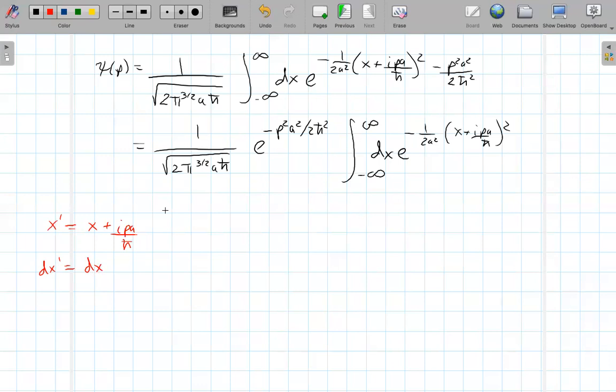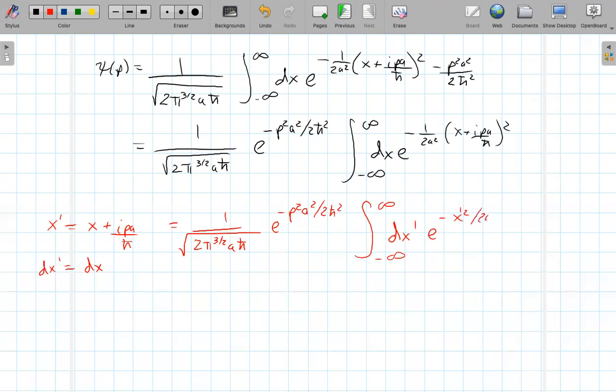So this becomes equal to the square root of 1 over 2 pi to the 3/2 a h bar, e to the minus p squared a squared divided by 2 h bar squared, integral from minus infinity to infinity, dx prime e to the minus x prime squared divided by 2a squared.